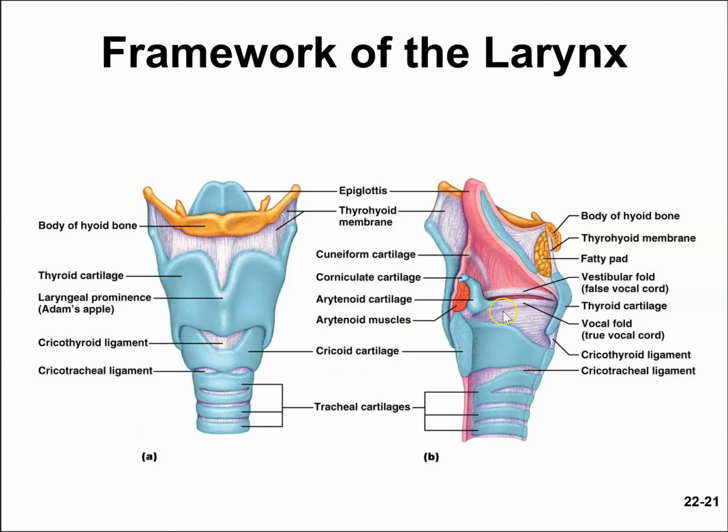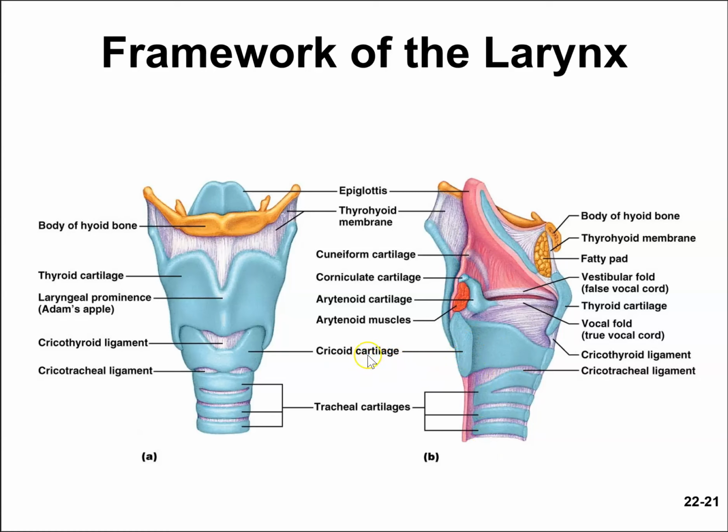If you look at the lateral view, you see the folds that form the vocal cords. And right under the vocal cords, you see the cricoid ligament that marks the beginning of the trachea. Right over here is the cricoid cartilage.